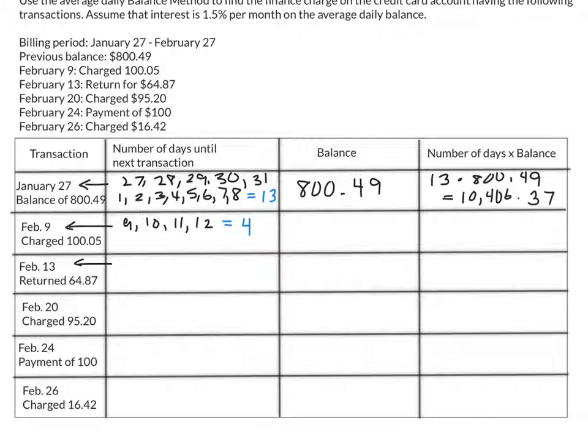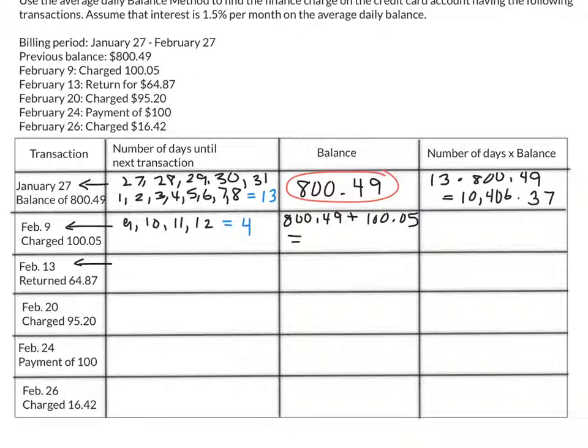Now the balance is found by taking the balance in the previous row, which is $800.49. And since we charged $100.05 on February 9th, we're going to add that value that we charged to that balance. So I'll add $100.05.